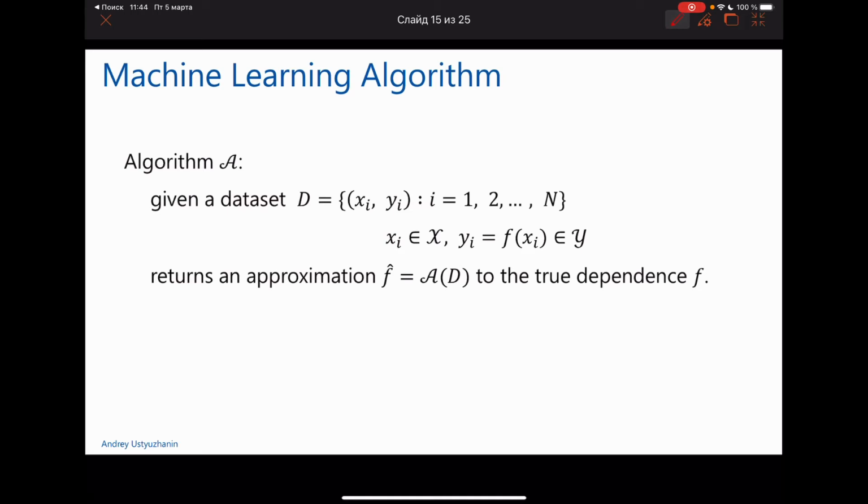And here comes the definition of an algorithm. It is a procedure that is able, given a dataset D, to return an approximation f hat that is as close as possible to the true dependence f that we assume exists between x and y.